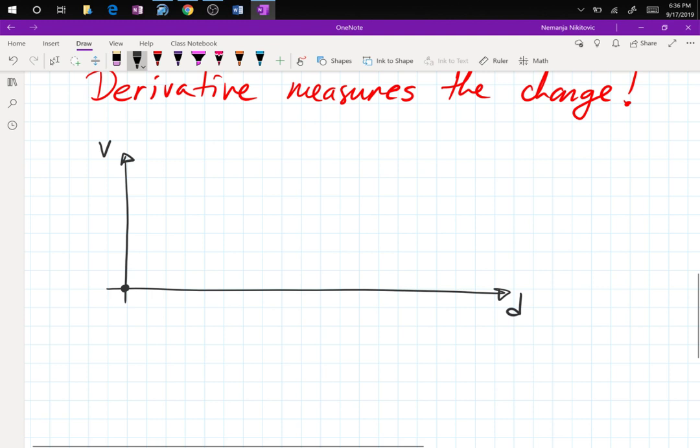Whatever. So you go into the car. The car is parked at the parking lot with a zero velocity. I hope you start that way, right? Otherwise the car is drifting and you're jumping in, right?